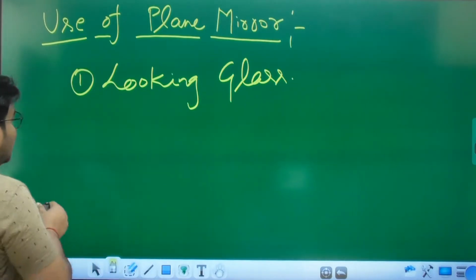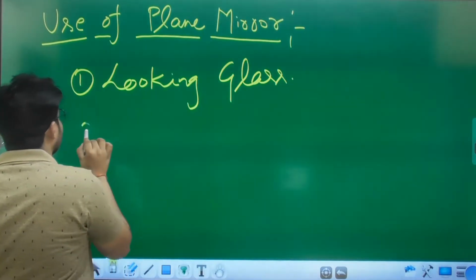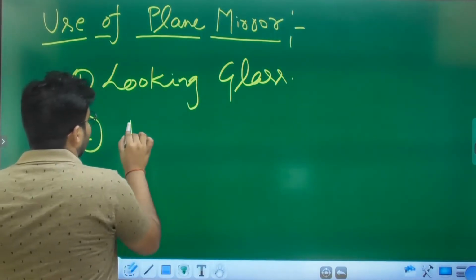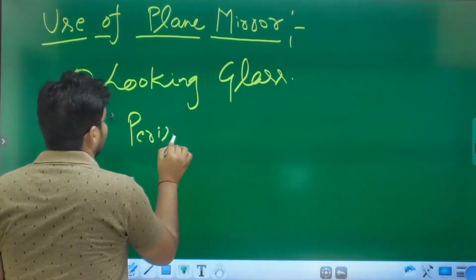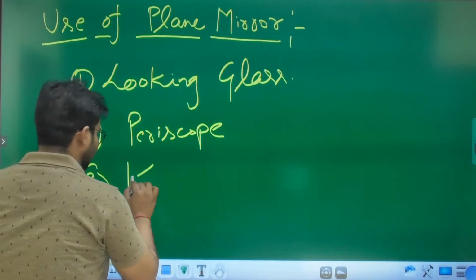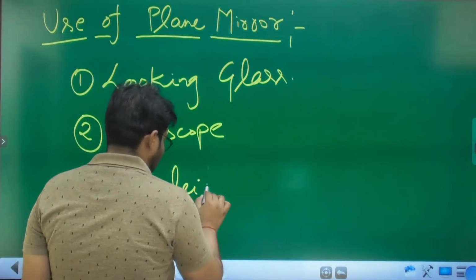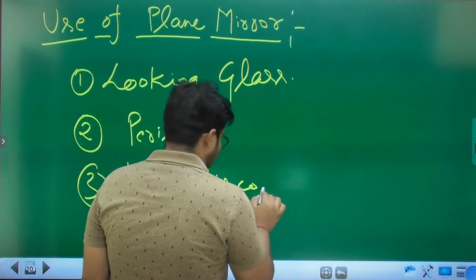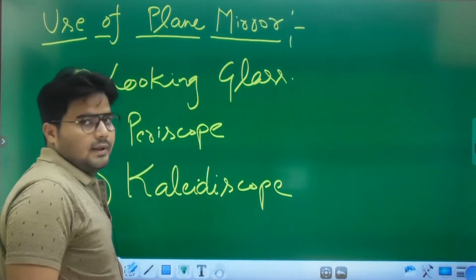That one is the looking glass. In the looking glass, plane mirror is used. The second one is periscope. Clear? The third one is kaleidoscope. In all these, the plane mirror is used.